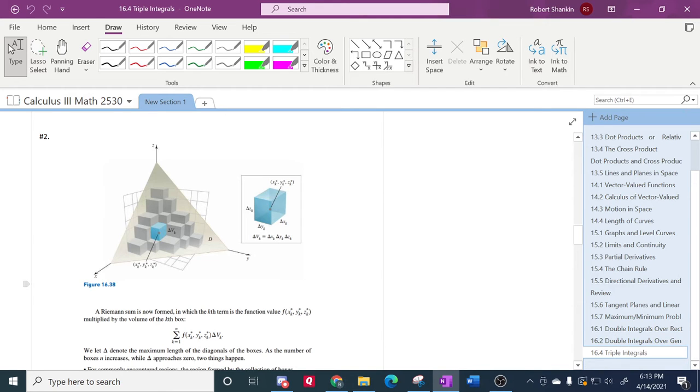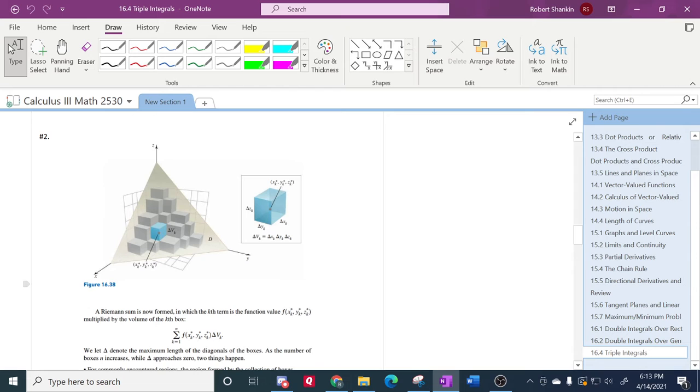So each cube, like this one cube, is singled out over here. Now it has a volume, and if you multiply the different changes in x, change in y, change in z together, you get the volume of that. That's going to lead to dx, dy, dz. Right? And then you would multiply by, suppose this was like an object, and we had some kind of function that was representing the density.